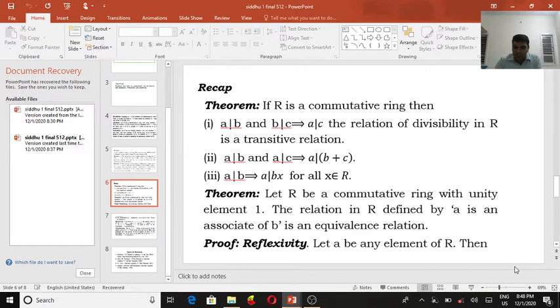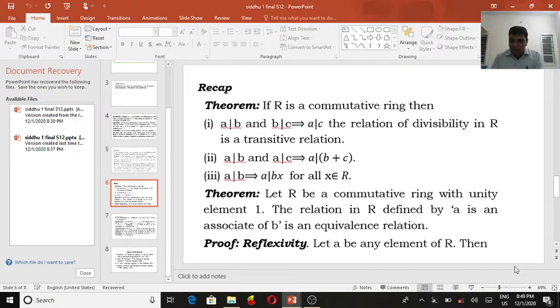Suppose A divides B and B divides C, this implies A divides C. This is called the transitive relation. You are familiar with this from PUC. The same result I can use as a theorem: if R is a commutative ring, A divides B and B divides C implies A divides C. The divisibility relation is a transitive relation.